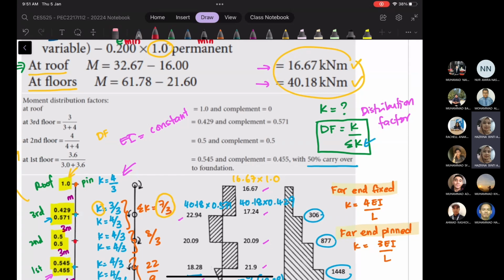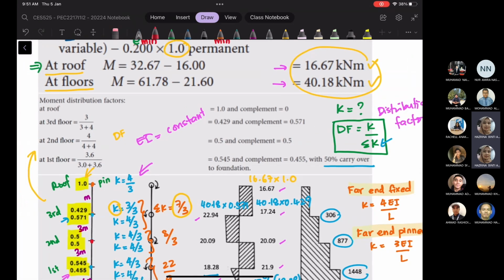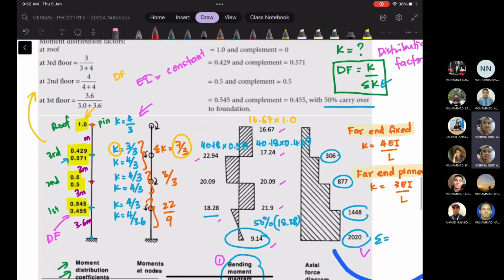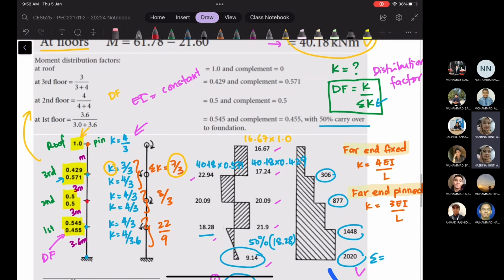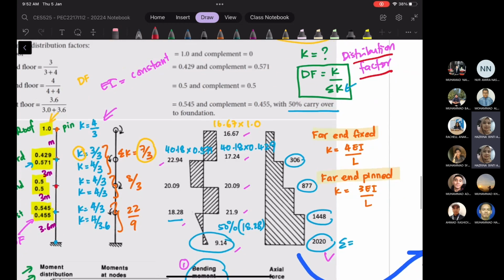For each floor, we are going to have the top and also bottom distribution factor. What I wrote here in blue is the stiffness factor. Then the distribution factor will be K divided by summation K. So this is the equation of the distribution factor, and we use the same one.